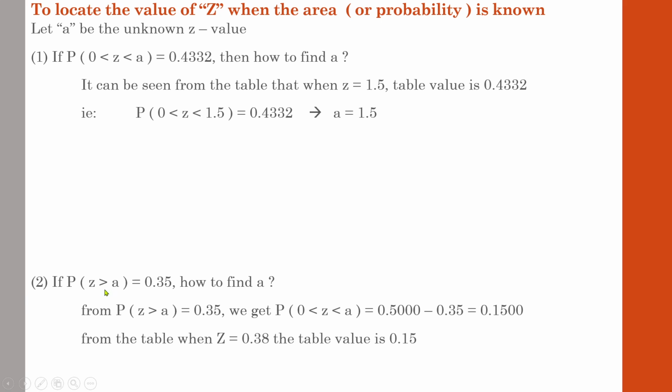If it is z less than a value, it represents the left hand side of the graph. That is the only difference. For the computation, whether it is right side or left side doesn't matter. You need to find the difference between 0.5 and whatever value comes, whether it is a negative sided value or a positive sided value, it doesn't affect our computation. But remember the sign of that particular number.